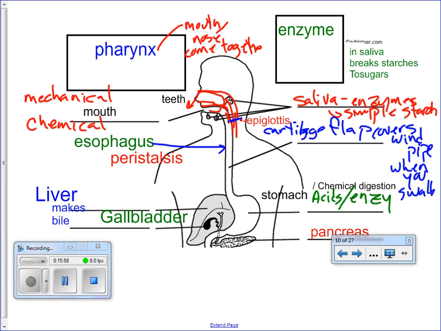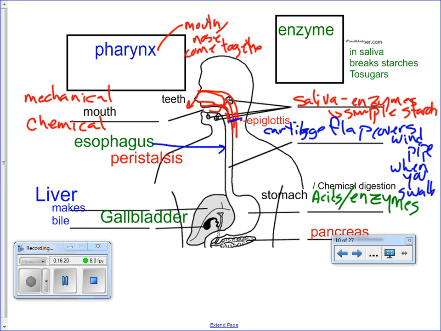The textbook mentions that it's the combination of acids and enzymes together that makes it really efficient at digesting. If it was just acid or just enzymes, it would digest much more slowly. So these two things together make an optimum chemical reaction.